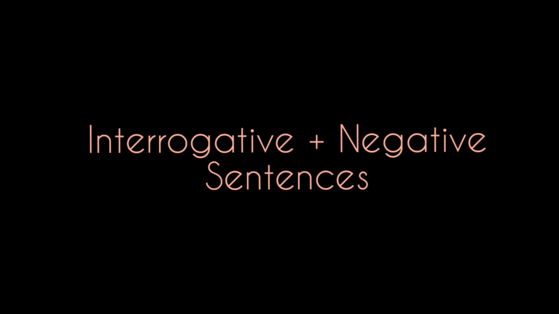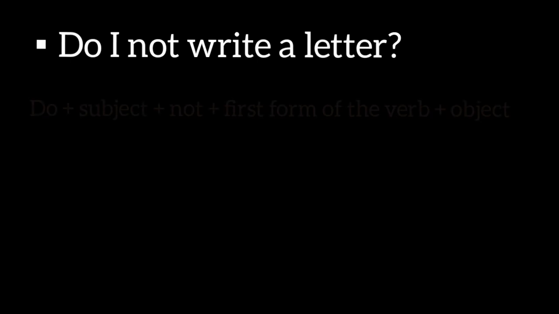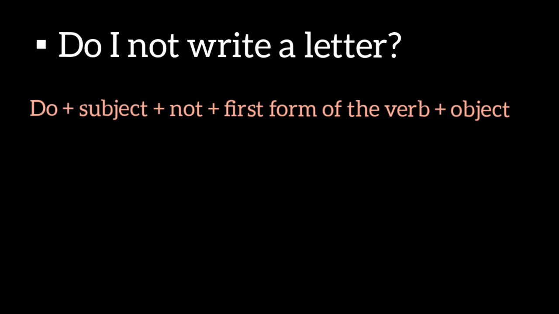Now let us come to interrogative plus negative sentences. Now let us take an example. Do I not write a letter? Question mark. Here the structure will be do plus subject plus not plus first form plus object. Object may be optional. So students, we can also take do not in contraction form.